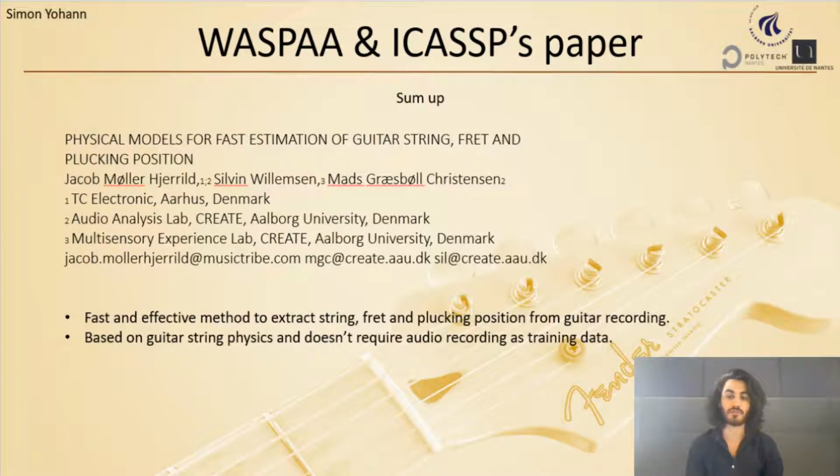Their proof of concept shows that their model is able to create a classifier that can predict in real time, or very fast, the string, the fret, and the plucking position when you play your guitar. It reaches an error of 1.5% on their dataset.